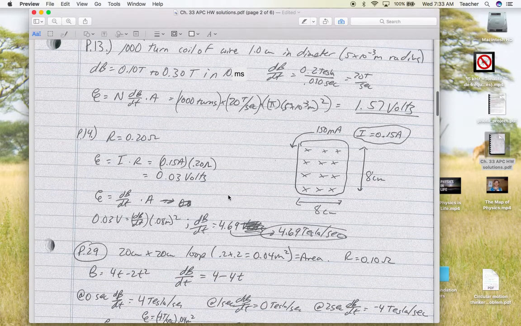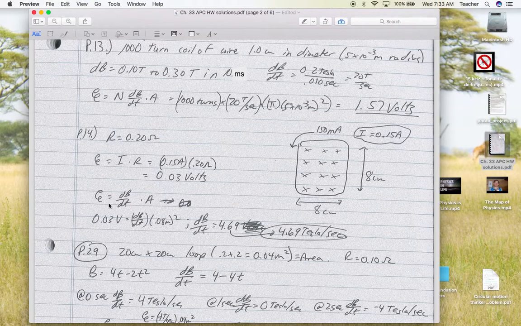Problem 14 says you've got a 0.2 ohm resistor in this wire, and it's asking, if you've got a 0.15 amp current, and this is 8 centimeters on each side, to find the rate at which the flux is changing. So first, if I know the current and the resistance, I'm going to find the voltage.